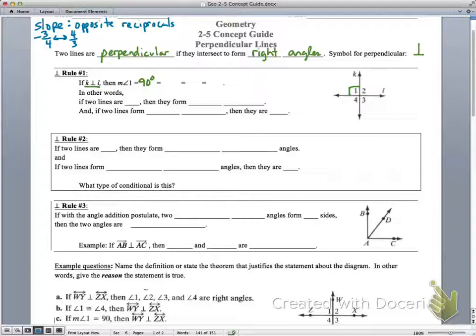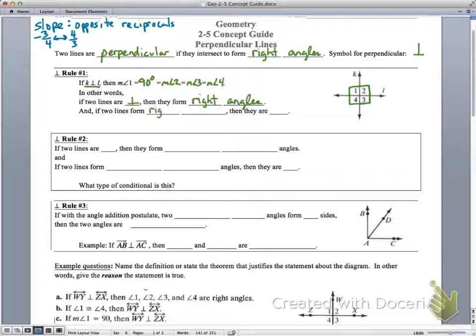Because angle 1 and angle 2 form a straight angle, angle 2 is also 90 degrees, since they add up to 180. Angle 1 and angle 3 are vertical, so angle 3 is also 90 degrees. And angle 4 is also equal to 90 degrees. So when two perpendicular lines intersect, you end up with 4 right angles. In other words, if two lines are perpendicular, then they form right angles.